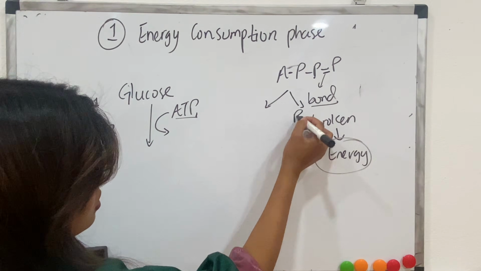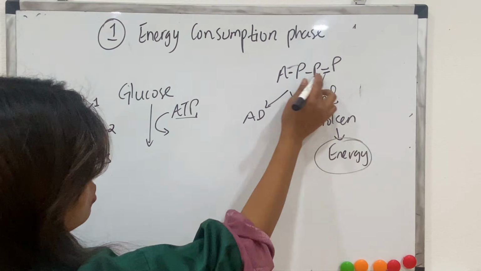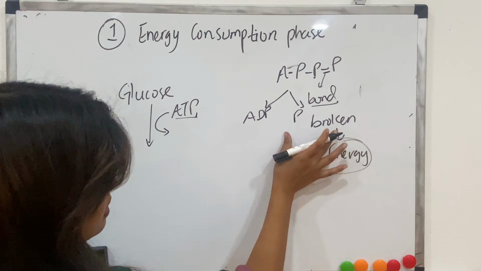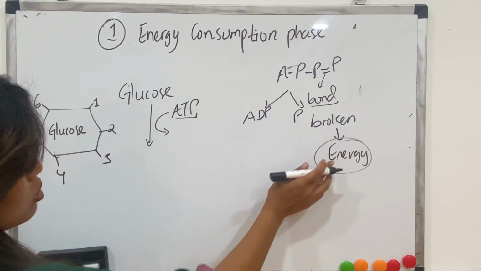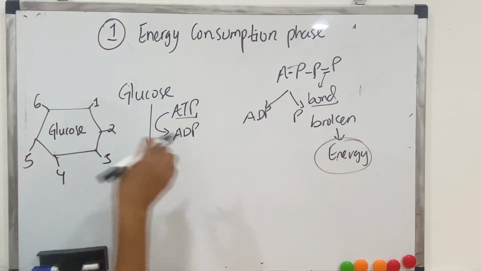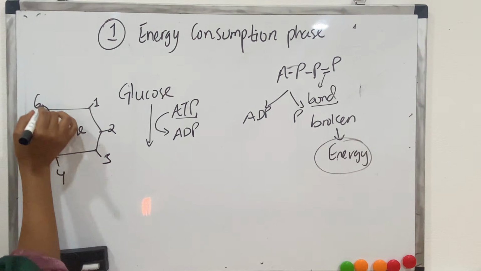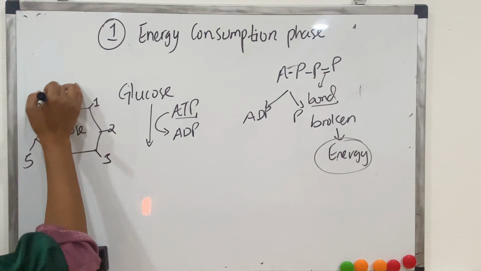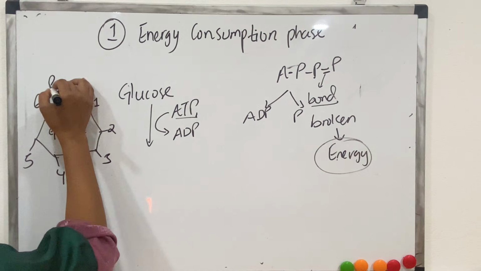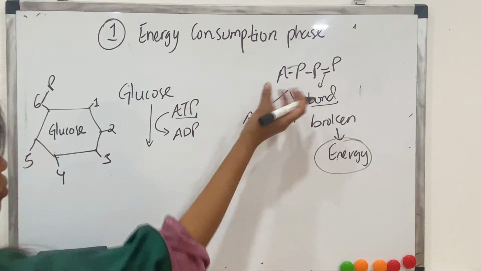When the bond is broken, we separate phosphate from ATP, right? And we also obtain energy. And this energy is used to form a bond between phosphate and the 6th carbon of the glucose, right? And in the meantime, ATP gets converted into ADP.